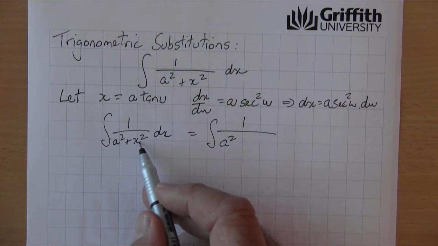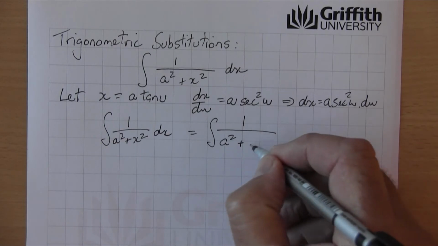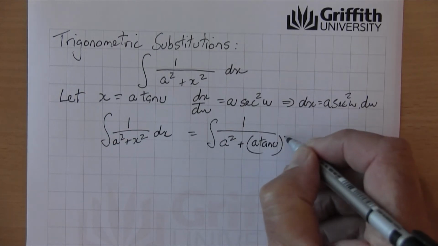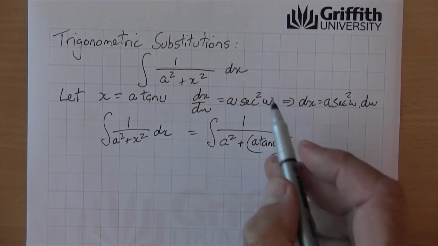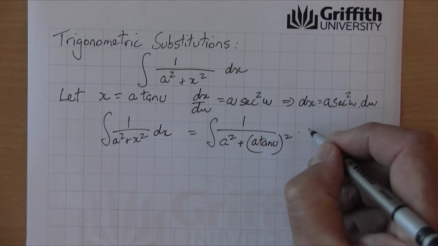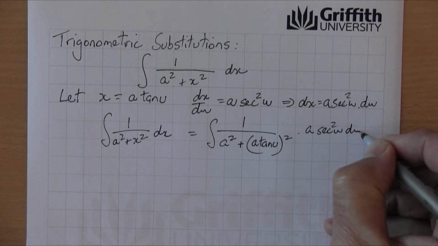Now instead of x squared, we can write the square of that, so that'll be plus a tan u squared. So we've substituted for x squared there. And dx is equal to a sec squared u du.